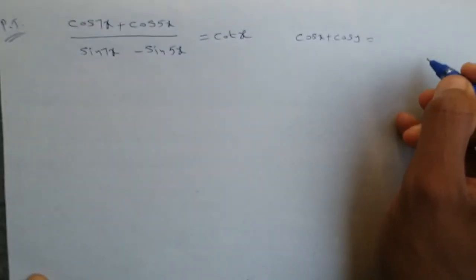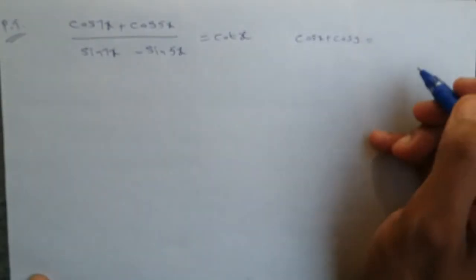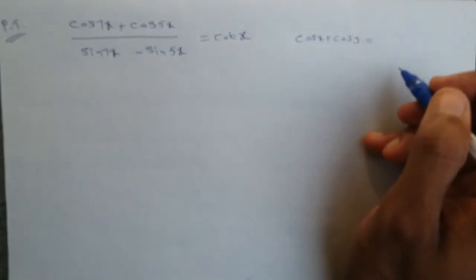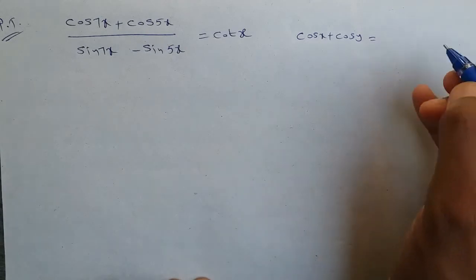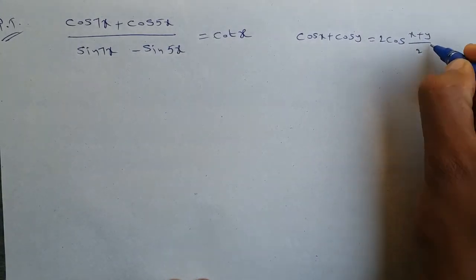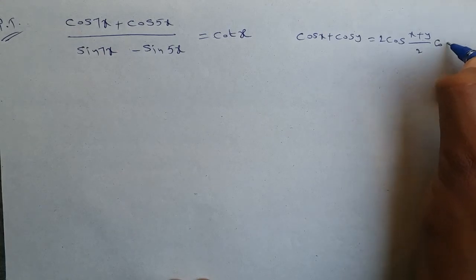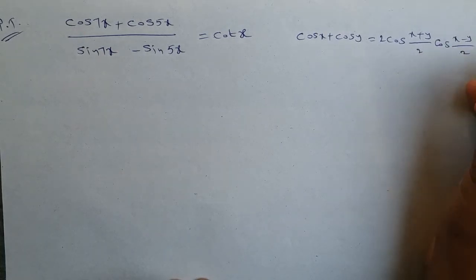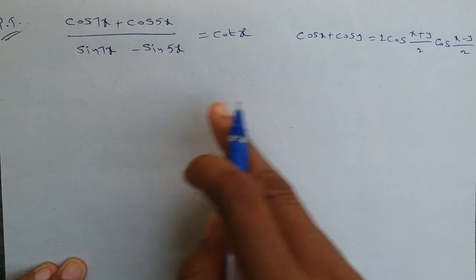What is the formula for cos x plus cos y? Cos x plus cos y is equal to 2 into cos of x plus y by 2 into cos of x minus y by 2. This is the formula for the numerator.